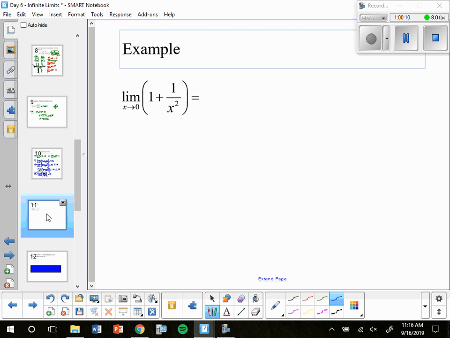It's just 1. It's a constant 1. What's the limit as x goes to 0 of 1 over x squared? It's infinity, because the bottom is always positive and approaching 0, and 1 divided by practically 0 is going to infinity. So this piece is going to 1. This piece is going to infinity. So what's it going to overall? Infinity. The 1 doesn't matter.